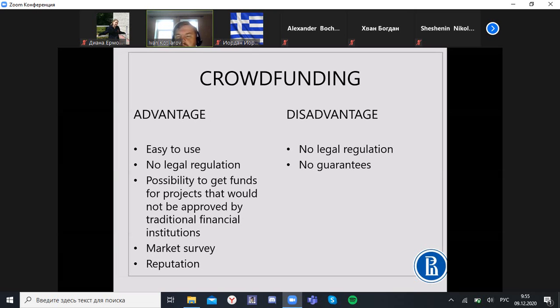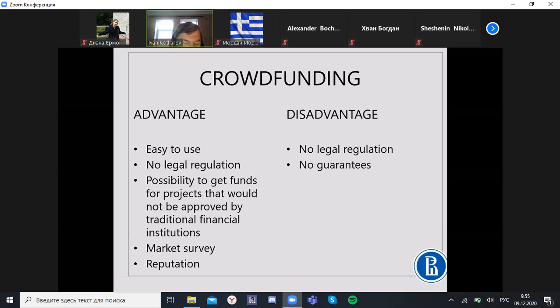Ladies and gentlemen, what are the advantages of crowdfunding and disadvantages, obviously, from the point of view of companies or projects that seek finance. First of all, it is easy to use.